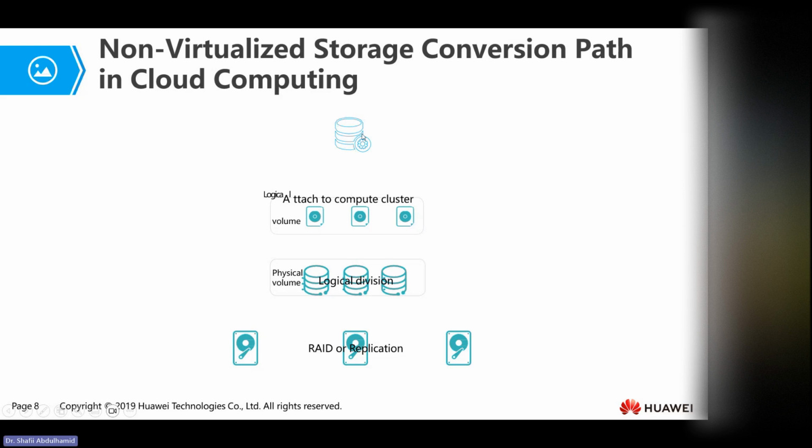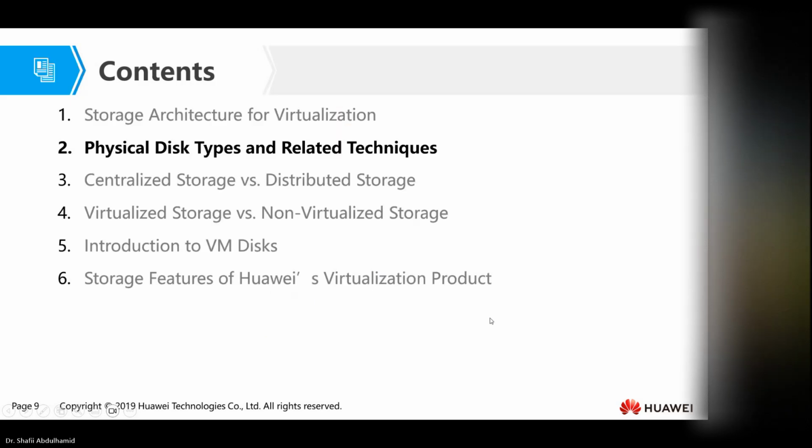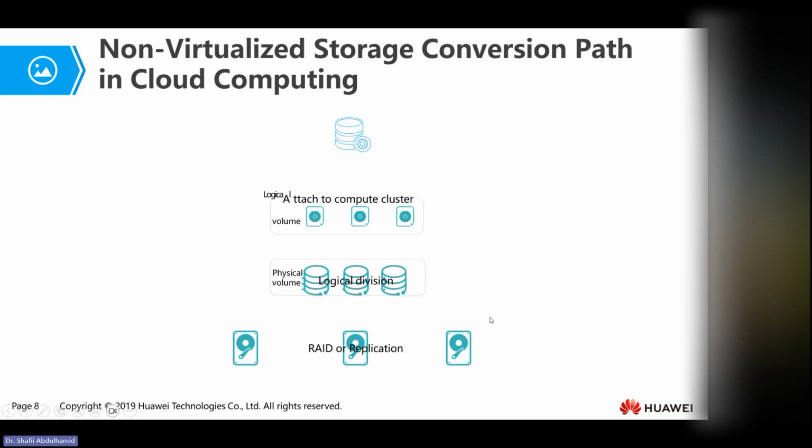And then a pool of resources is created which can be used by the users. So in this case, we have only two additional steps after the storage space or the hard disk, which is at the lowest level. So that's all about the storage architecture, virtualized and non-virtualized, and how they look.